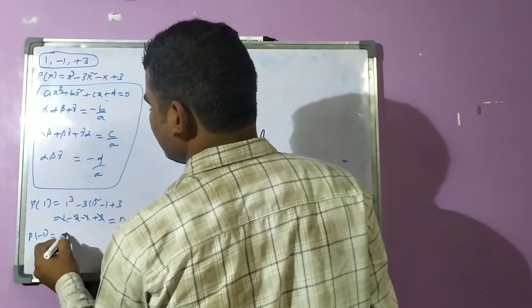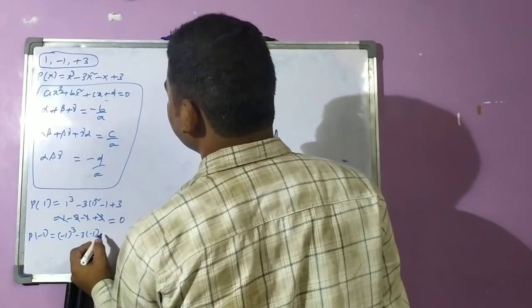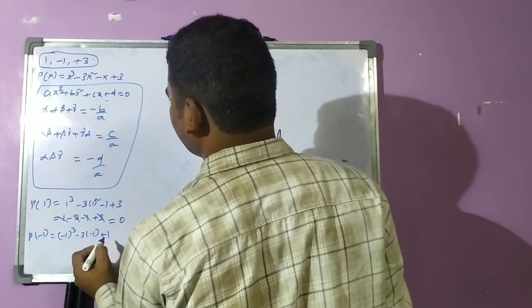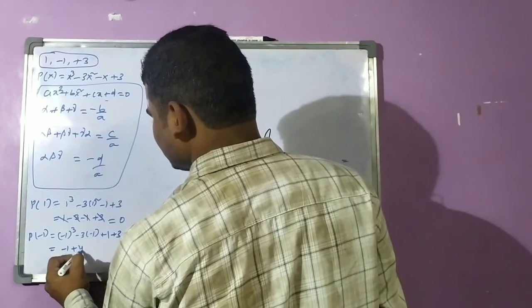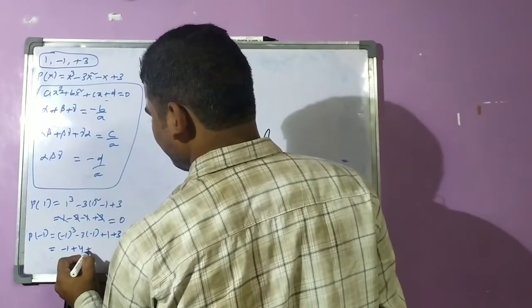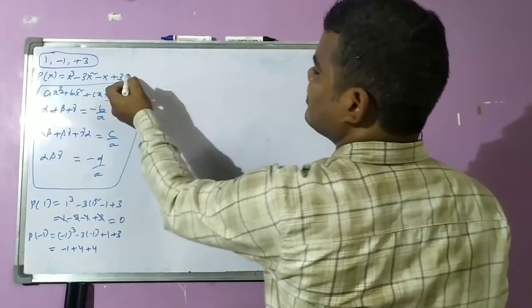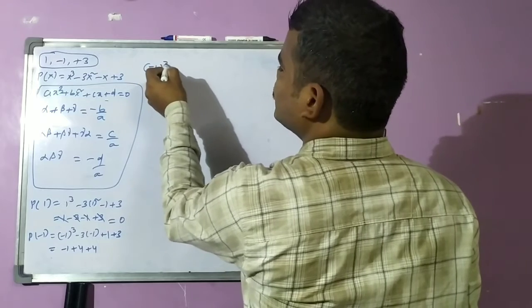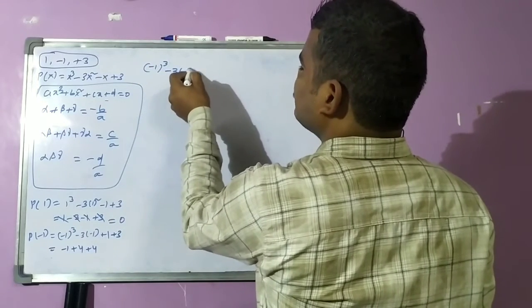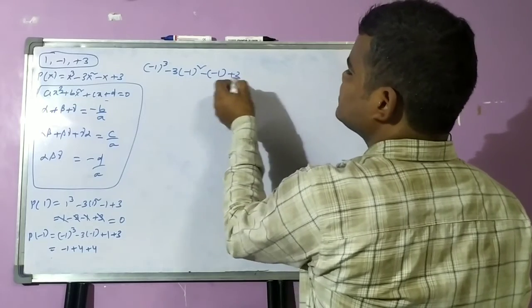P of minus 1: minus 1 whole cube minus 3 into minus 1 whole square minus of minus 1 plus 3.